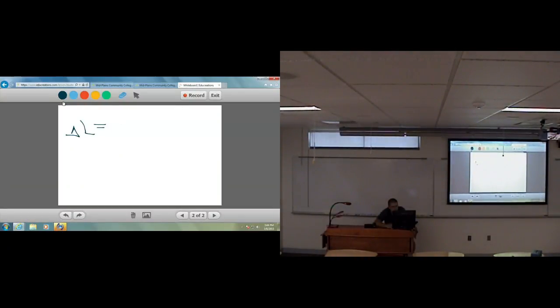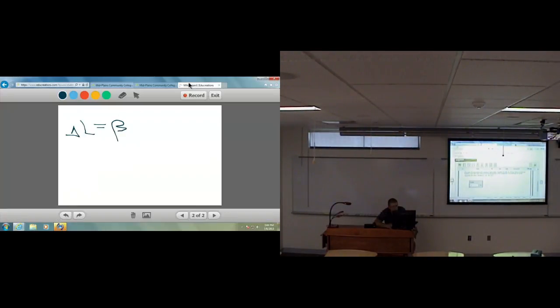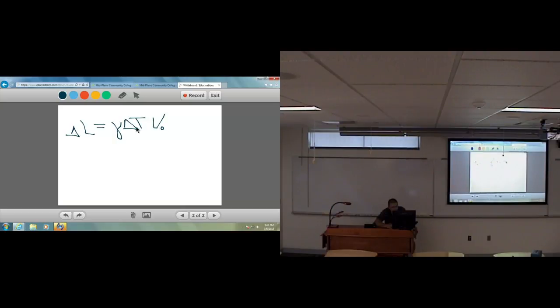Yeah, it would be changing volume, though. Oh, we're doing change in volume? Yeah. Okay, so it's actually gamma. They choose gamma times delta T times the original length, or rather the original volume. So this is delta V. I think that's the equation, does it look right?